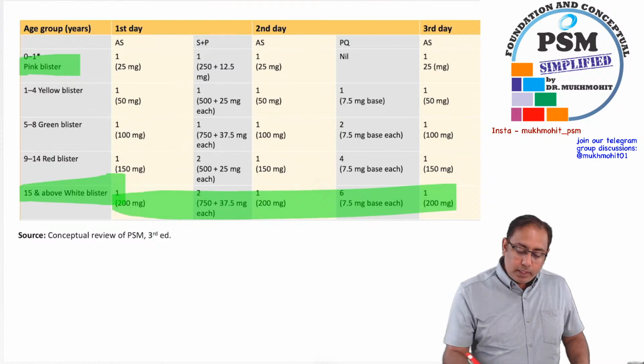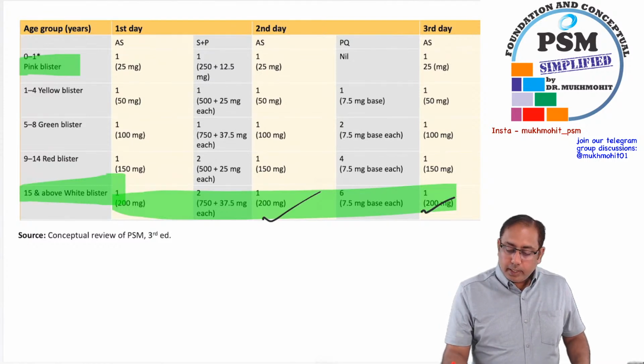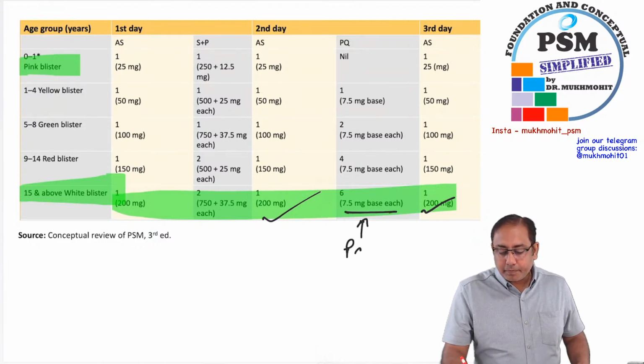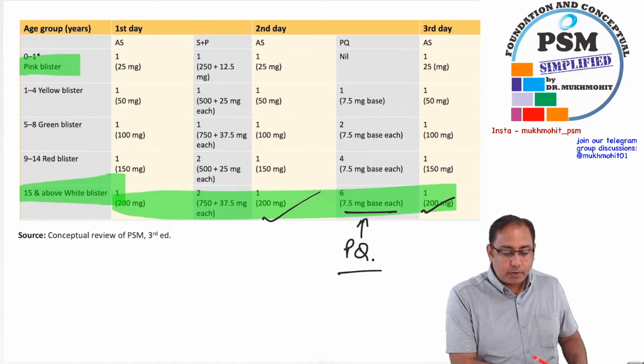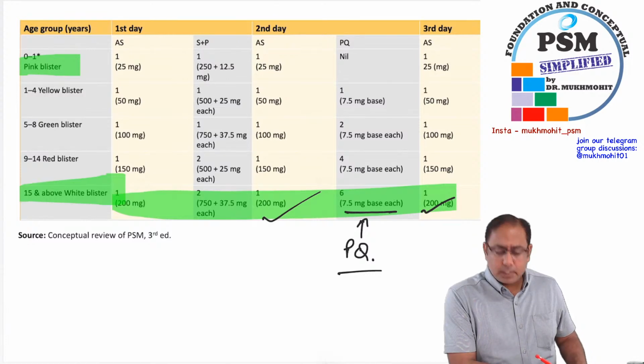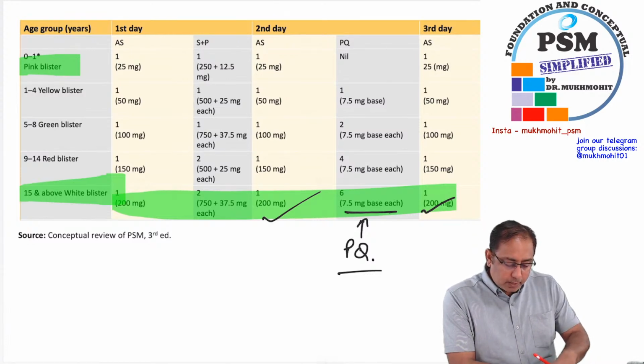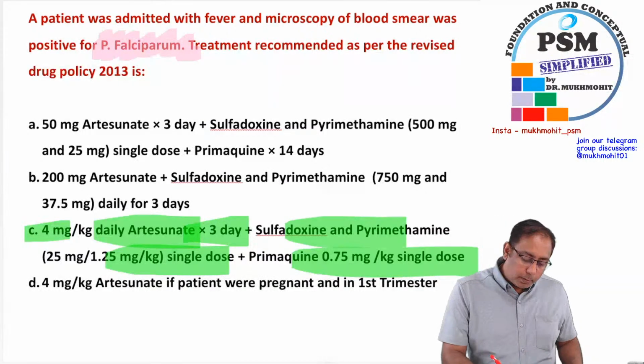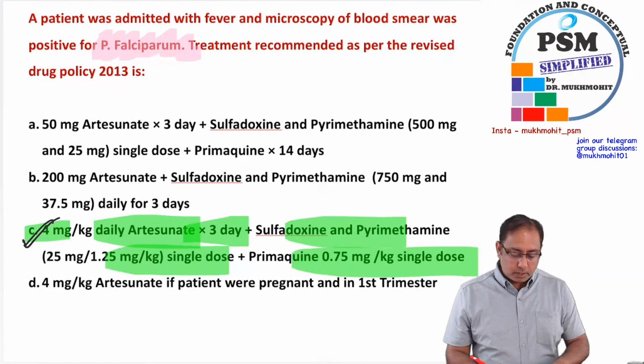On second day, it's only artesunate, and on third day, it is only artesunate. So please remember, these are the adult color coded blisters for Plasmodium falciparum treatment. Absolutely correct answer is option number C.